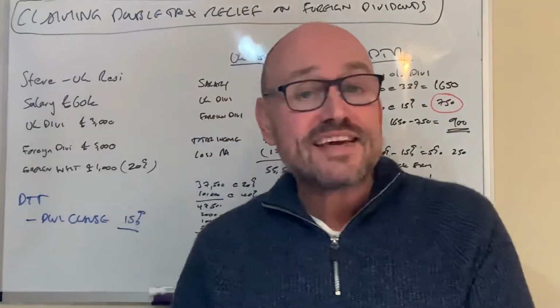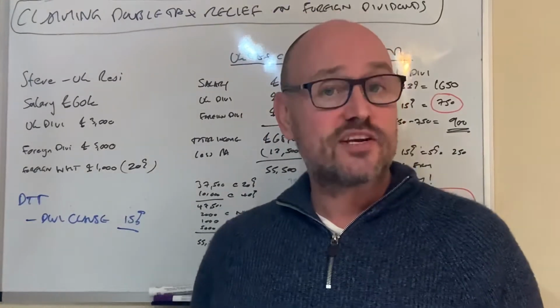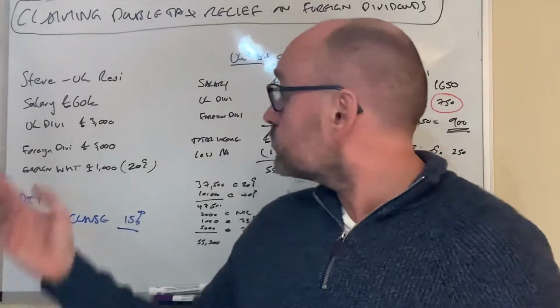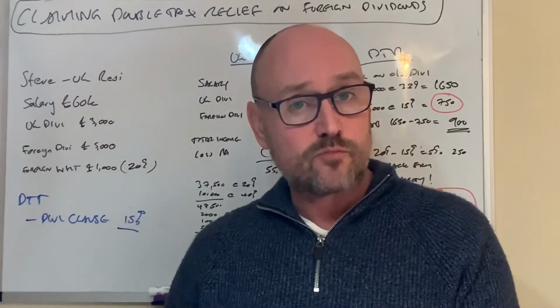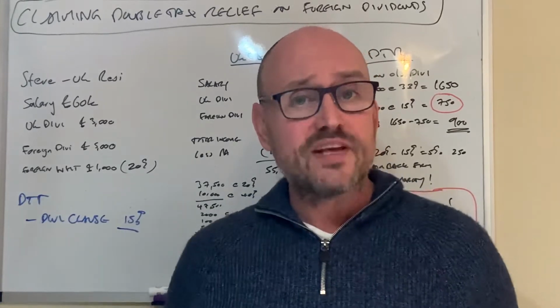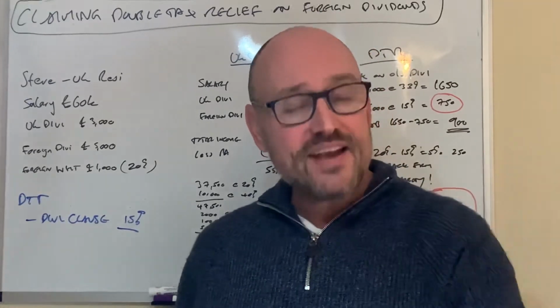Steve. Now, Steve has a salary, he's got a job, he earns 60 grand a year. What else has he got in terms of income? Well, he's got UK dividends of £3,000. So he's getting dividends from UK companies. Now, obviously, this is outside of his ISA and his pension wrapper.